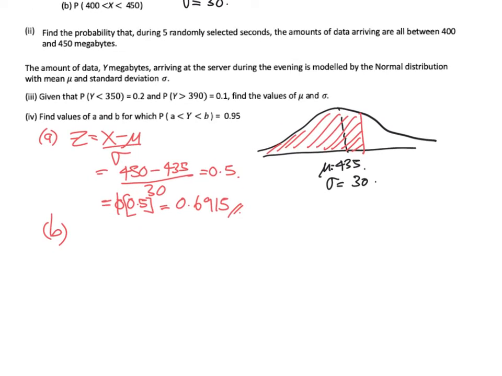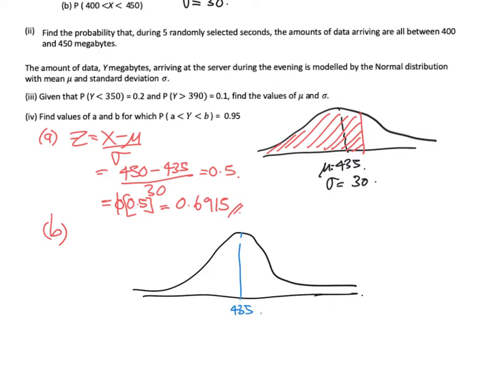If I draw the bell curve, 435 is here, so 400 should be somewhere here, and 450 is here.